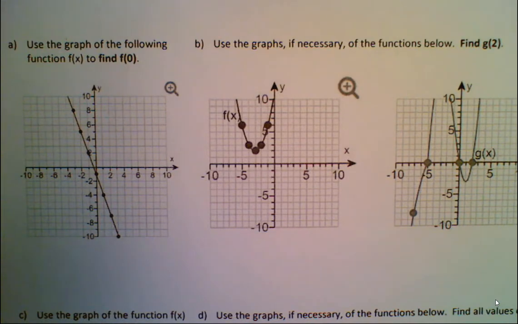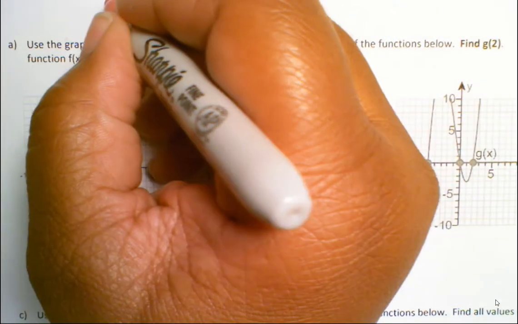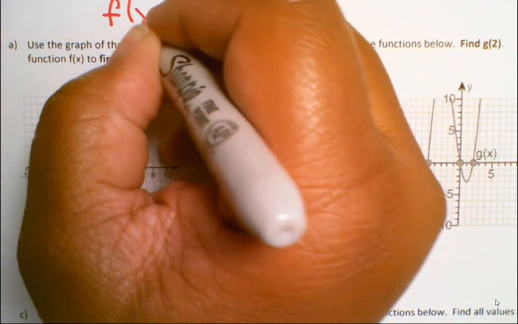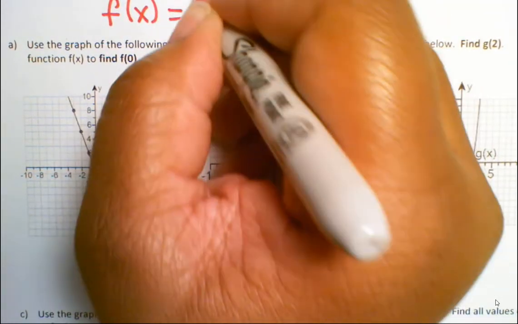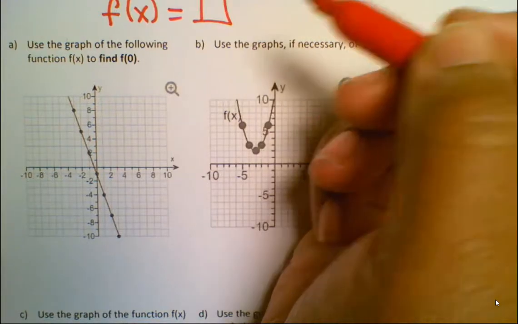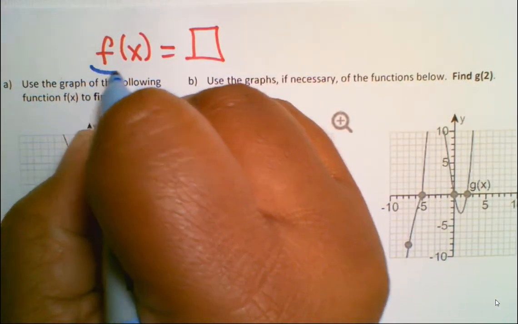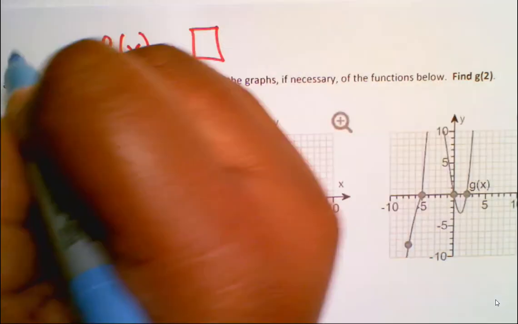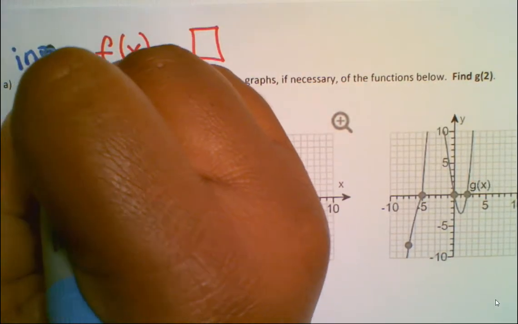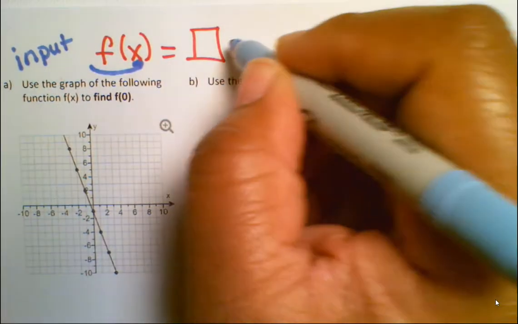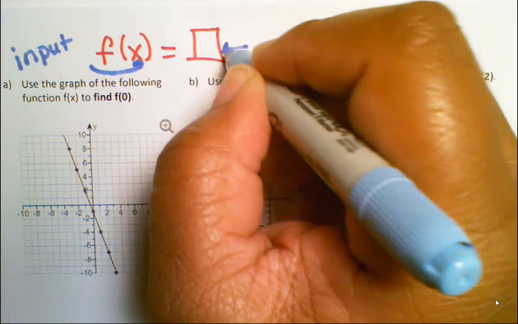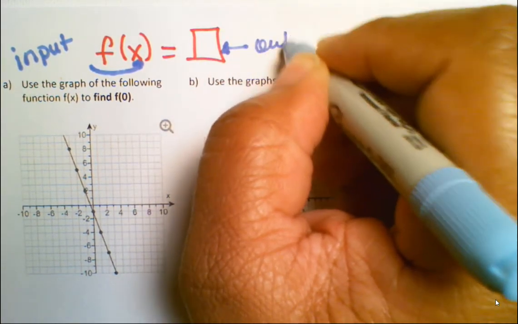And if you remember that if we have f of x equal to some number, well, this x value is going to be our input, and then what it is equal to will be our output.